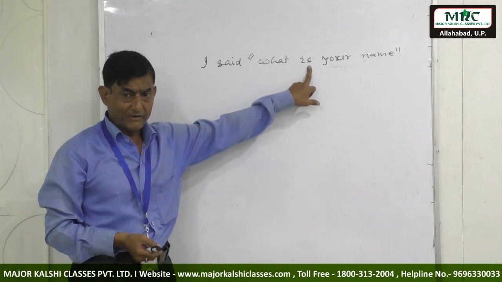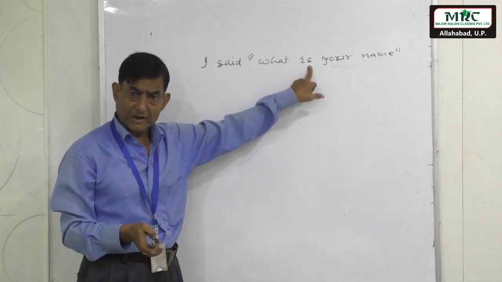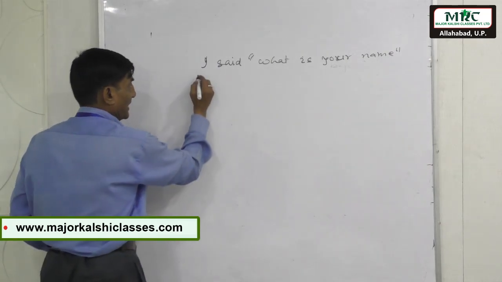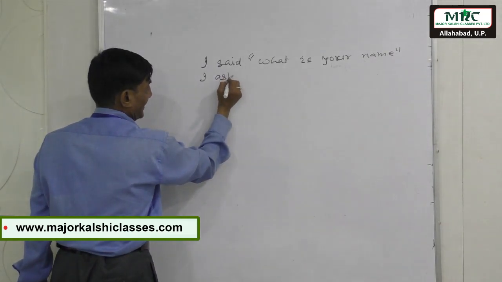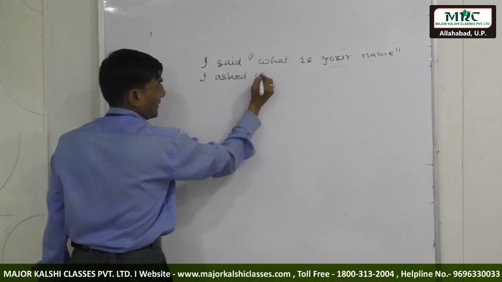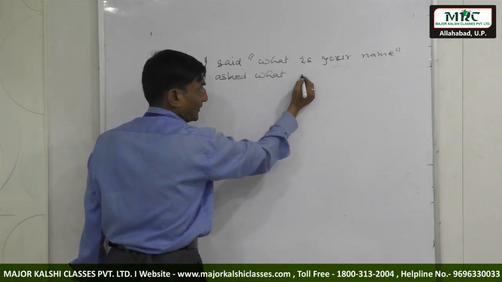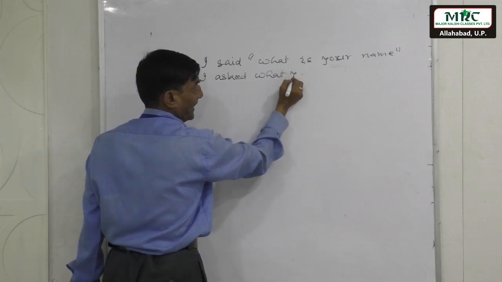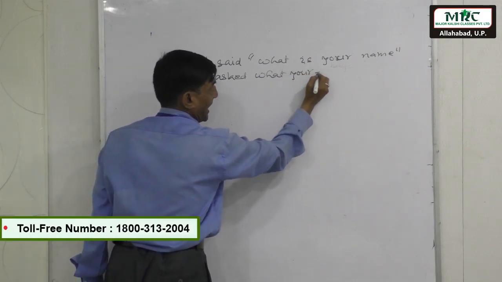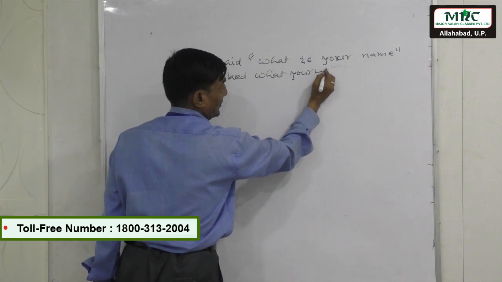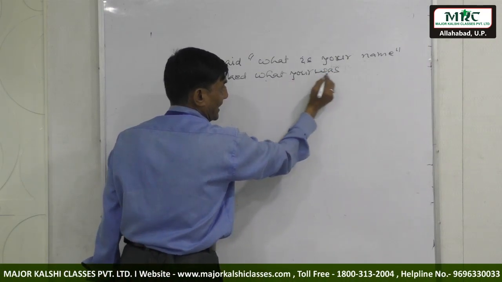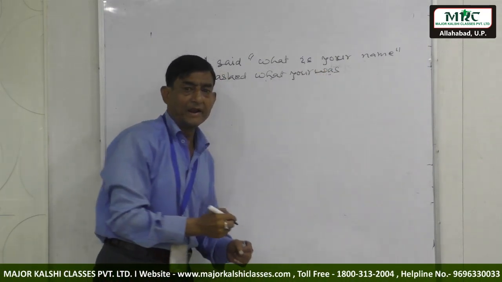In that way, we use double question in it. But when we change it to indirect, what do we write? I asked, what? Now, we don't use was here because we first use the subject and only after that we use the verb. We never use what was in indirect.